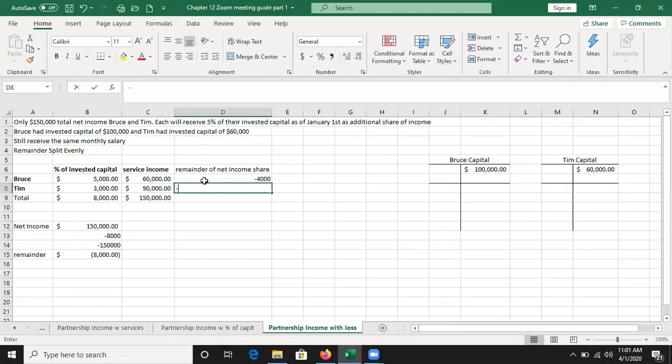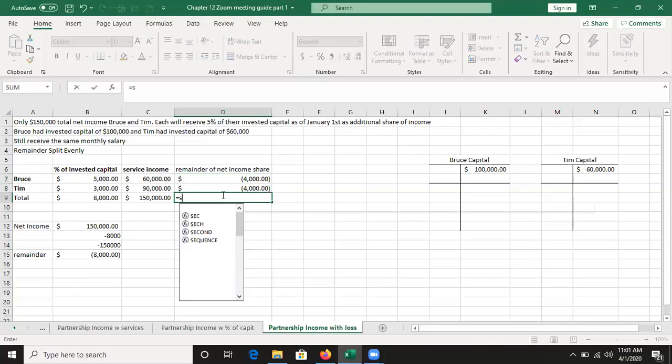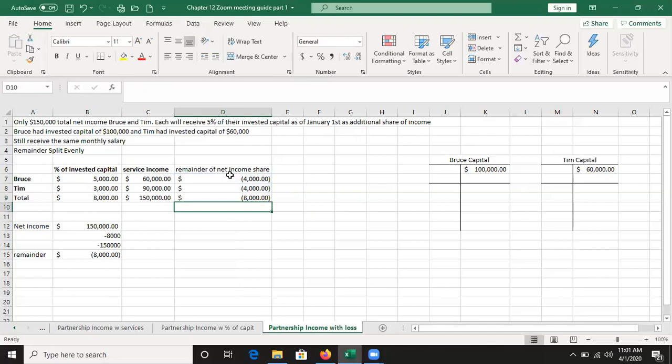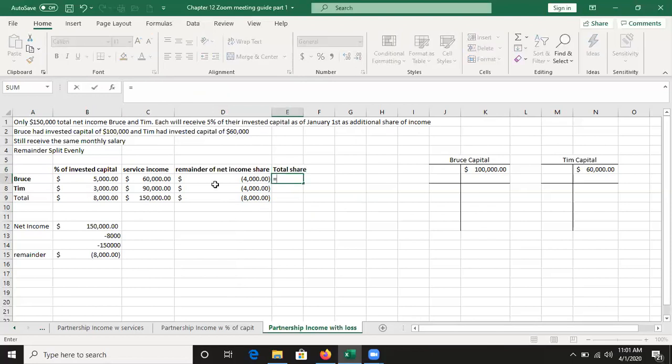So they're going to reduce their share of net income by $4,000. So when we do the total share column, it's going to be this $5,000 plus their service income plus their share of net income.